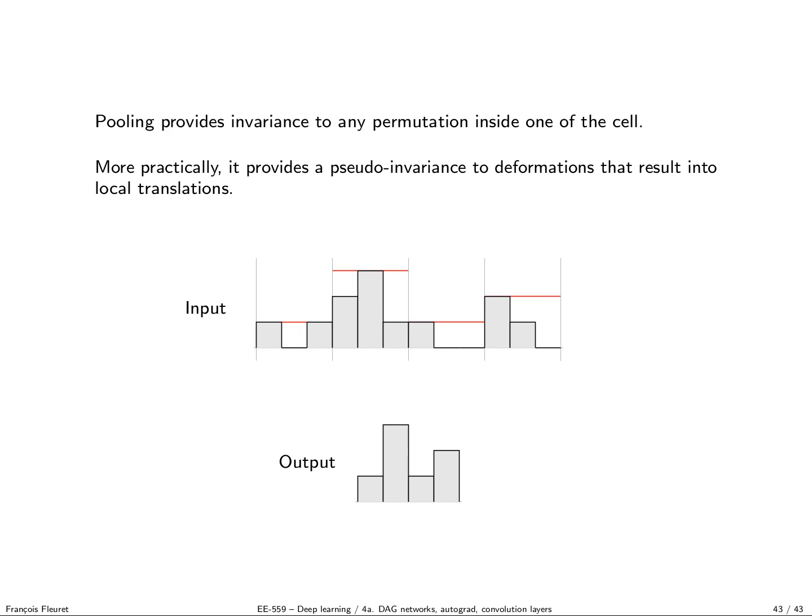But it gives the understanding that it's actually what happens. If you have a little deformation locally, your response does not change. And the same if you have a permutation inside each cell.